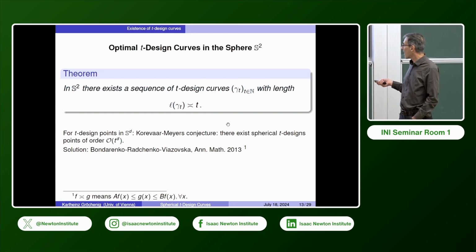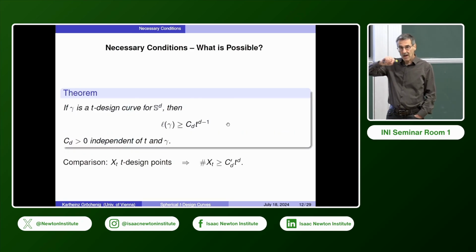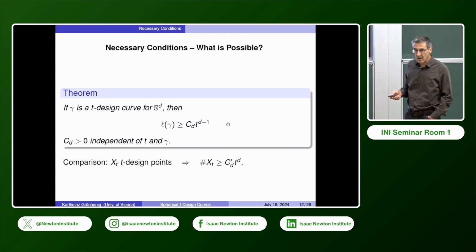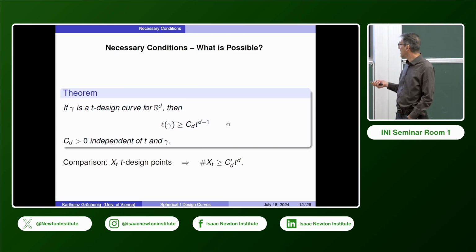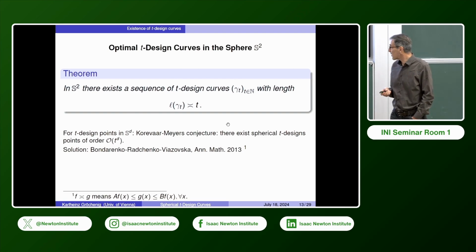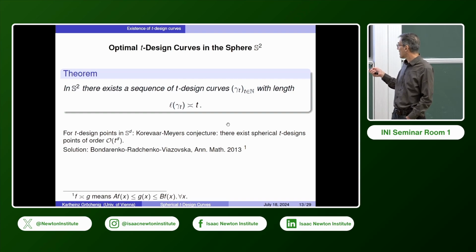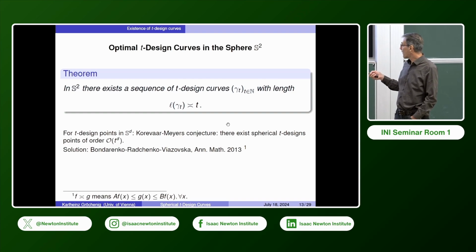So bounded above and below by a constant times t. And if you compare for d equals 2, the length of the curve should be roughly proportional to the degree t.